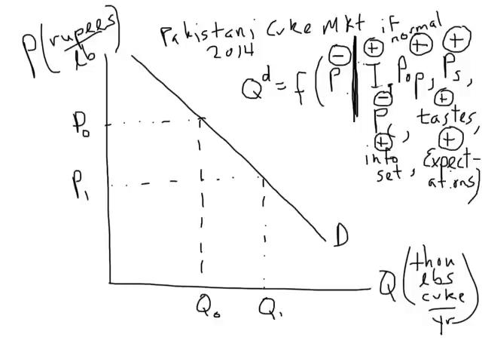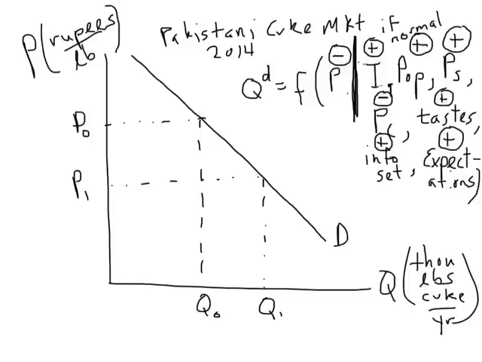Now, cucumbers aren't really durable, but if we're talking about things that can be stored a long time, expectations can really move markets. A lot of buyers of gasoline have big tanks. Agricultural users and commercial users have big tanks on their property. If they think the price of gas is going to go up, they're going to run and fill up their 1,000-gallon tank today rather than wait for it to go up.